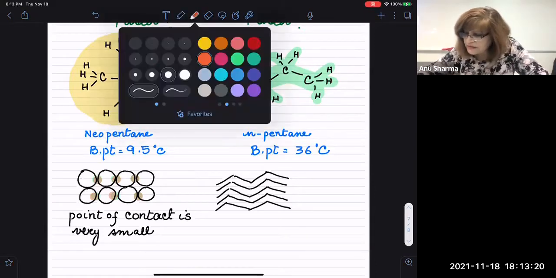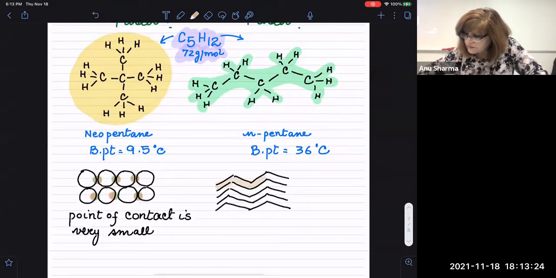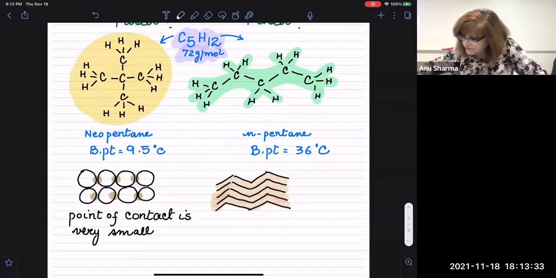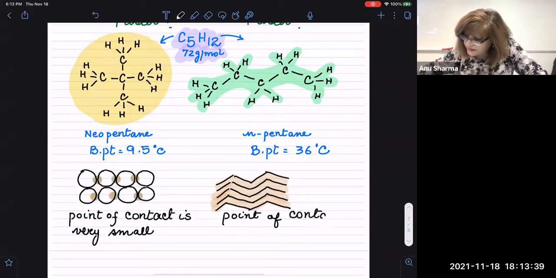So if you look at this case, the spread is more. The surface area is wider, so larger surface. So the point of contact, every surface contact, is very large.